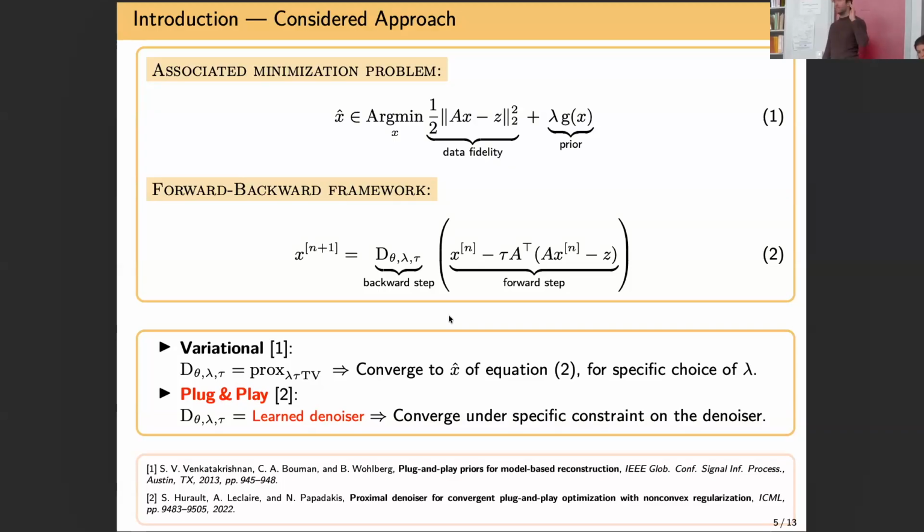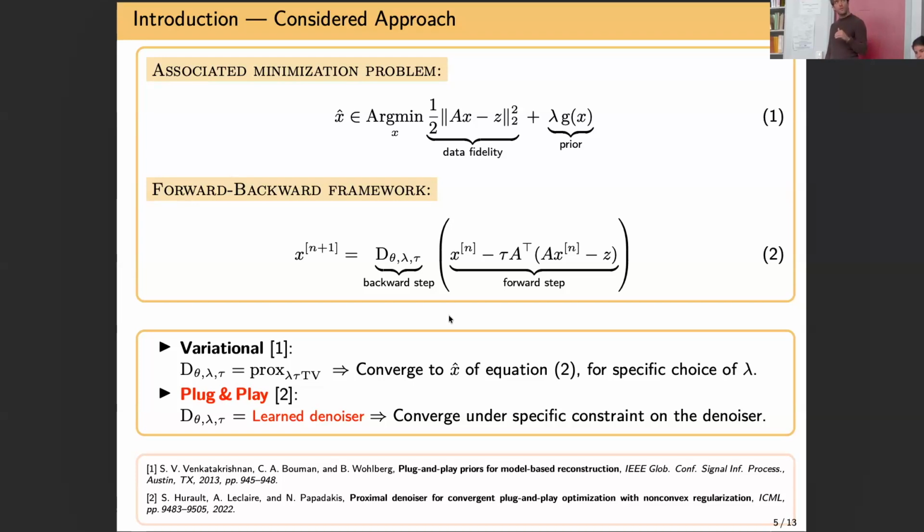Depending on the function G that we choose, the backward step defined by D_theta, lambda, tau could be, for example in the classical variational approach, if we choose the total variation function, the proximal operator of TV. But in our case, in the plug-and-play approach, that D_theta lambda tau will be a learned denoiser.